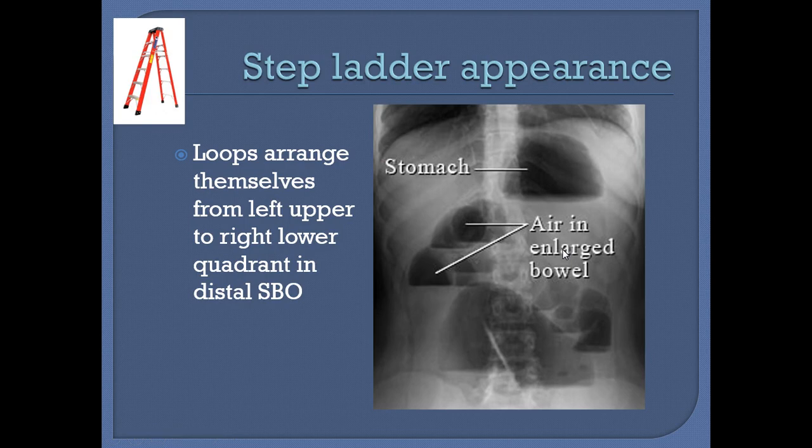There are a few signs like the step ladder appearance, in which the loops arrange themselves from the left upper quadrant to the right lower quadrant in distal small bowel obstruction. You can see the stomach bubble, which is also distended, and air in the enlarged bowel, like dilated bowel loops.